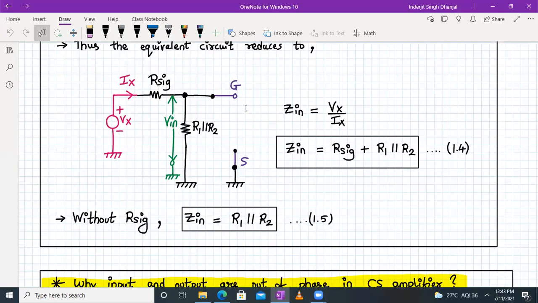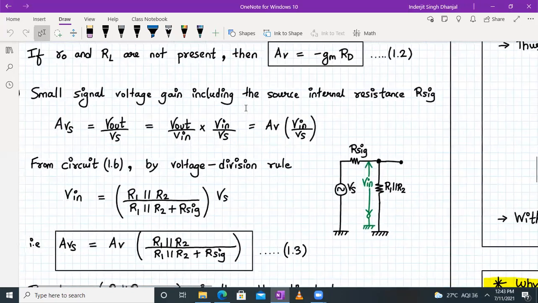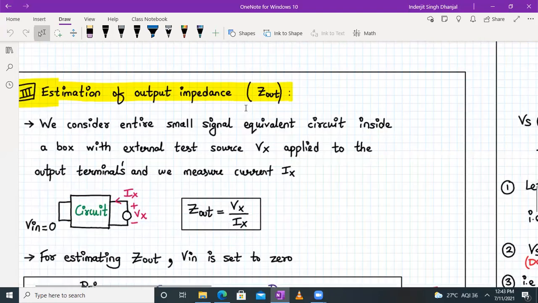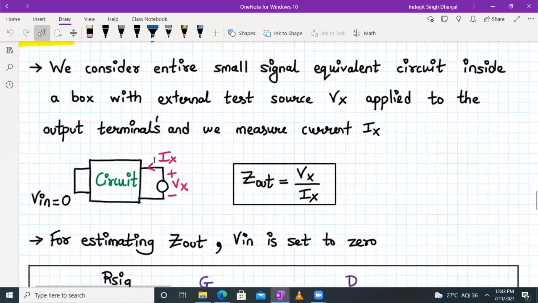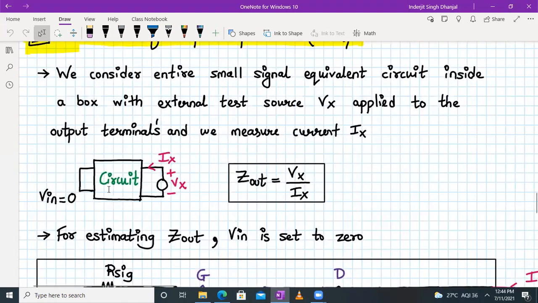Now, let us similarly find the output impedance. So this is the estimation of the output impedance. Again, we consider a technique where we consider the entire small signal circuit inside a box with the external test source applied to its output terminal, and we measure current Ix. So what will be the output impedance Zout?